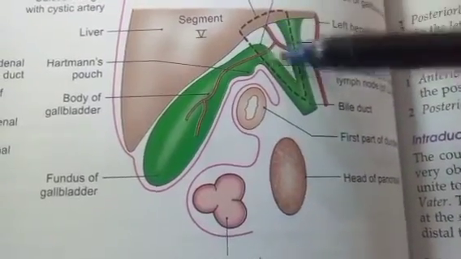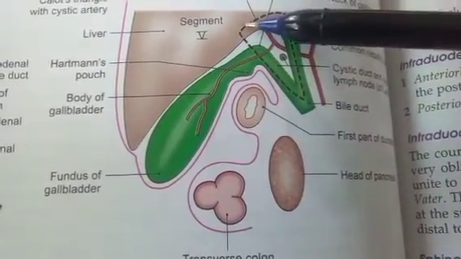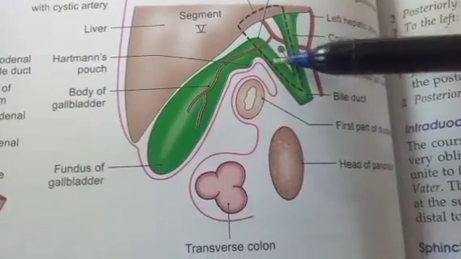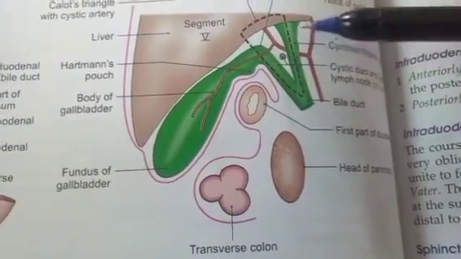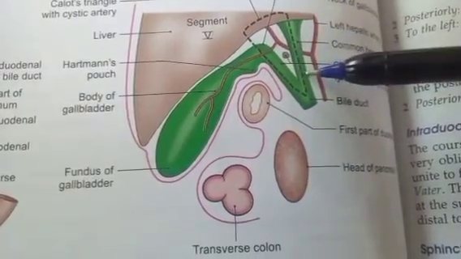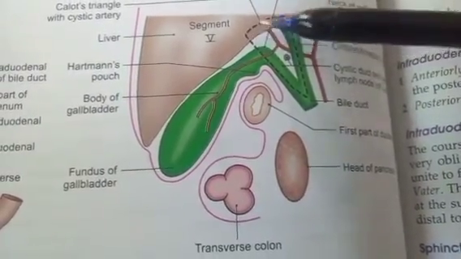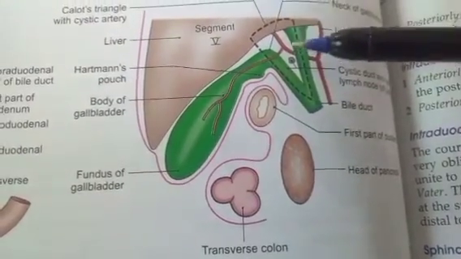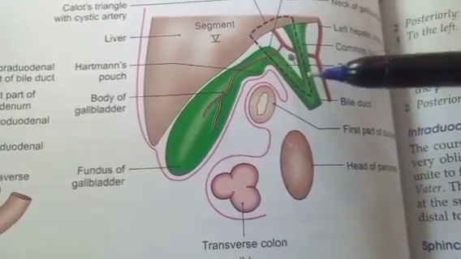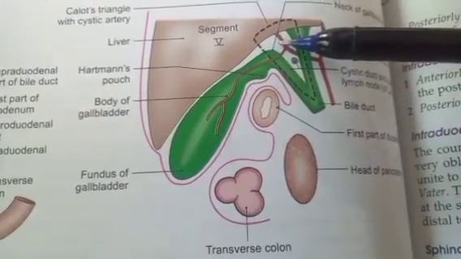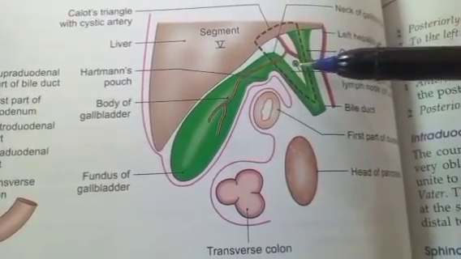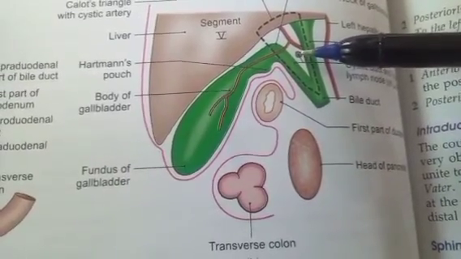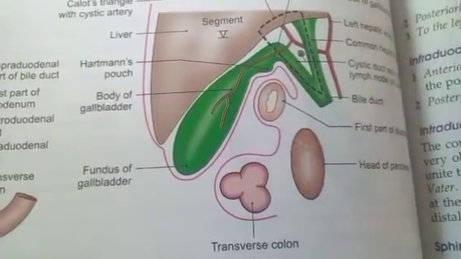Today's last competency is Calot's triangle, which is a triangular space formed laterally by the cystic duct, medially by the common hepatic duct, and superiorly by segment 5 of the liver. Contents of the Calot's triangle are the cystic artery, cystic lymph node of Lund, and autonomic nerve fibers reaching to the gallbladder.